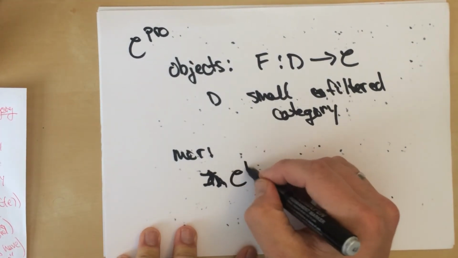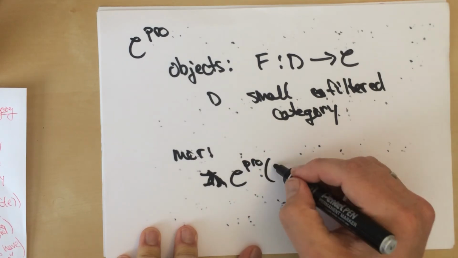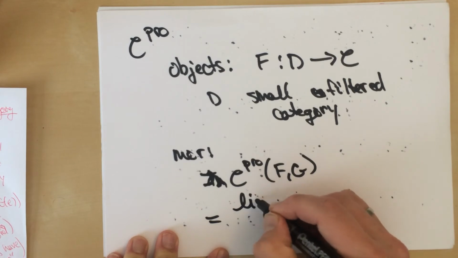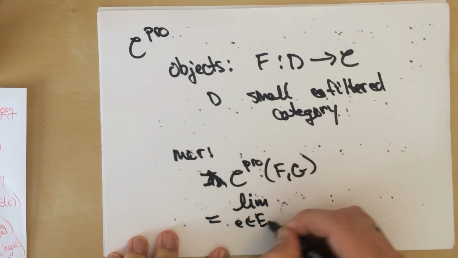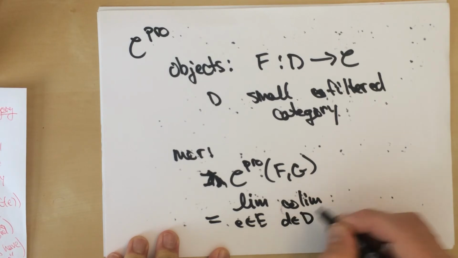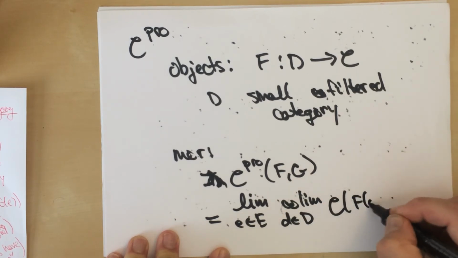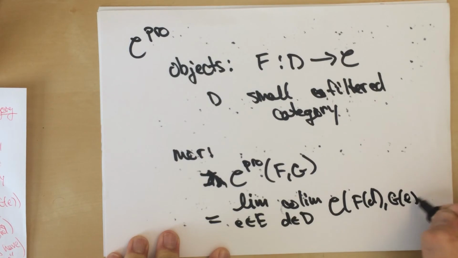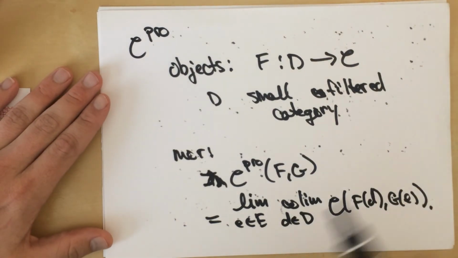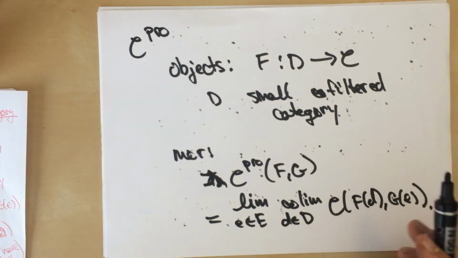Sorry, this is here from F to G. And so this is going to be defined to be equal to the limit of the co-limit of this guy here. Okay, so this is the other thing. And so here we're just going to have the same thing.